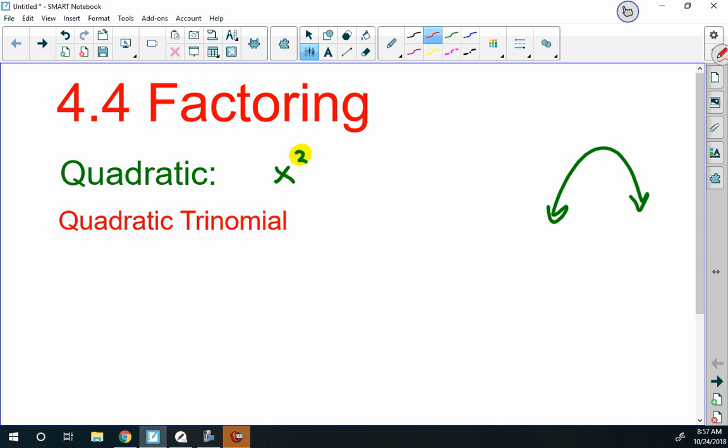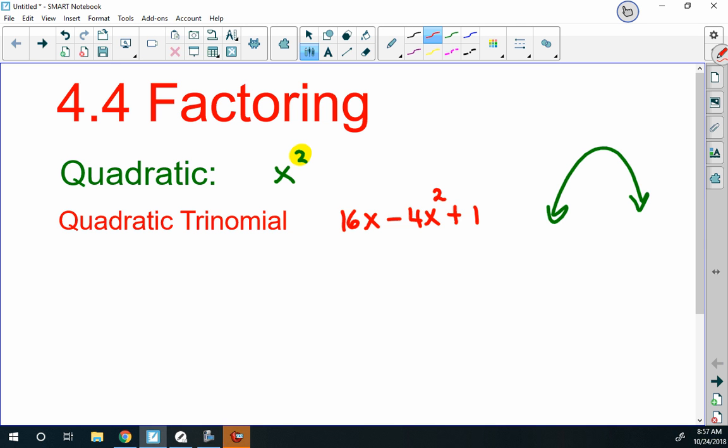And when we talk about omials, we're talking about things that have several terms, right? So how many terms do you think a quadratic trinomial has? 3. Might have something like 16x minus 4x squared plus 1. That particular quadratic trinomial is not written in the order we like it, but it does have 3 terms. Its biggest exponent is 2, and it is a quadratic trinomial.